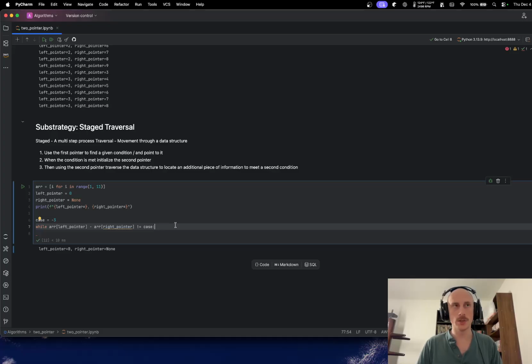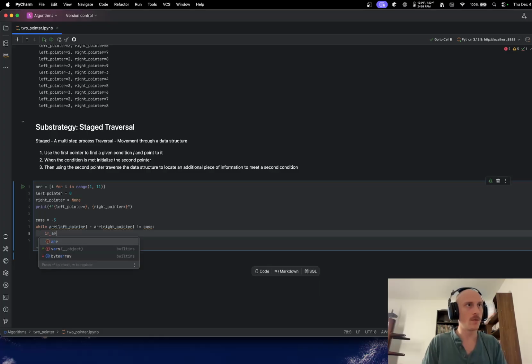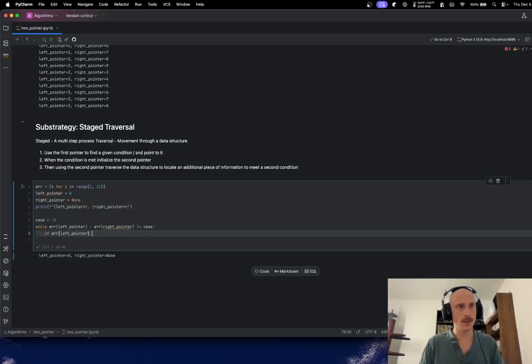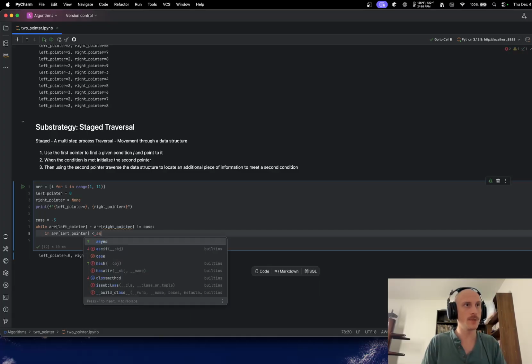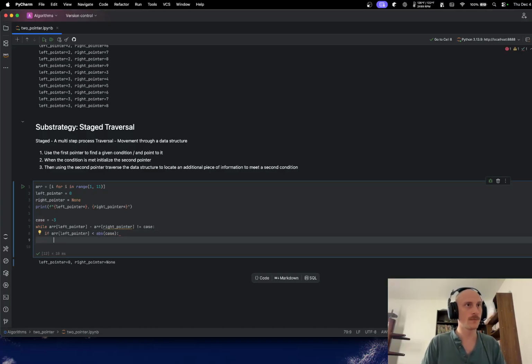Okay. So, first thing we want to do is say if array brackets left pointer is less than the absolute of case, left pointer equals left pointer plus 1.